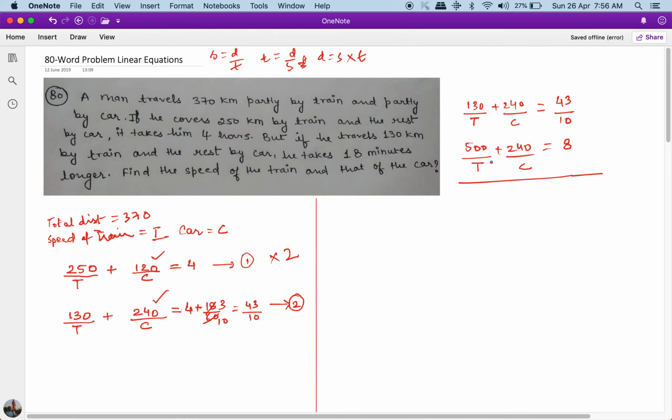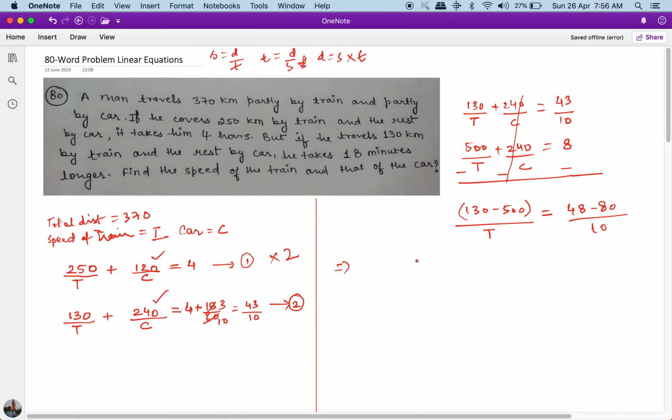When I subtract this, what I get is a minus here, and a minus here. This gets cancelled, and what I'm left with is 130 minus 500, this whole thing divided by t, is equal to 43 minus 80, and this whole thing divided by 10. Now I have to solve this.